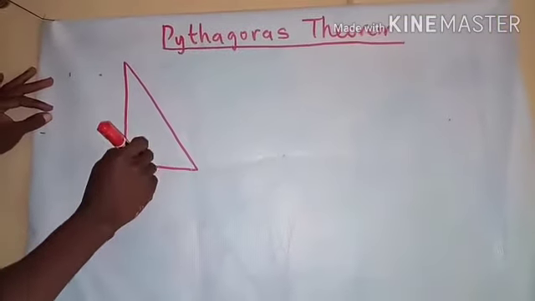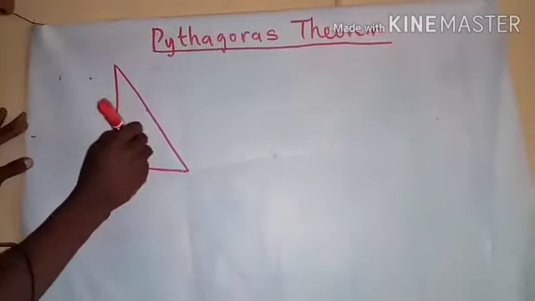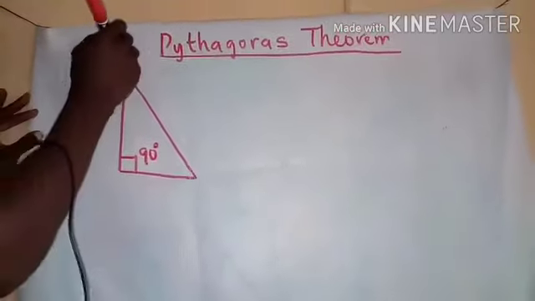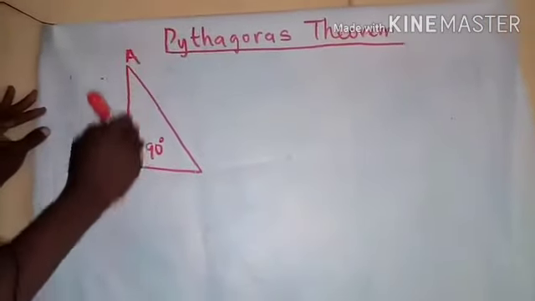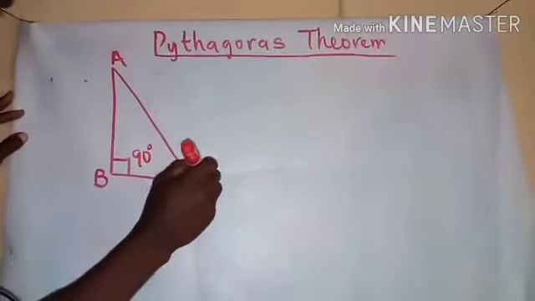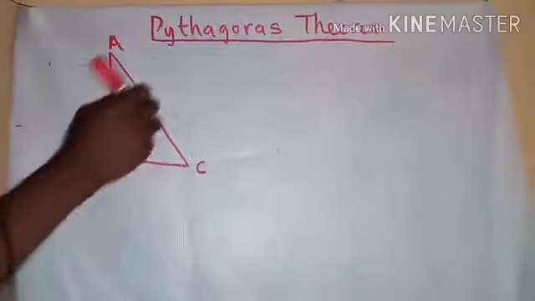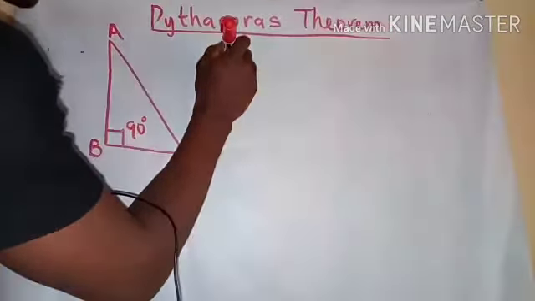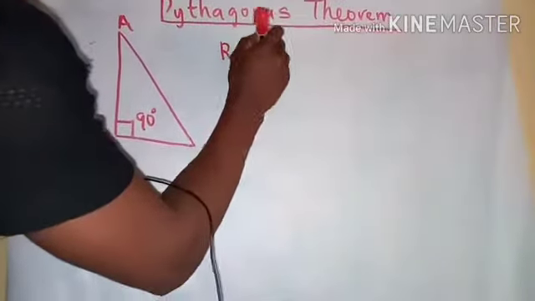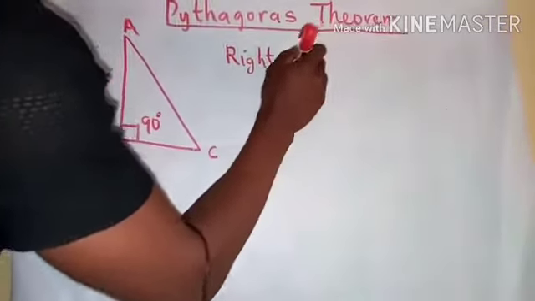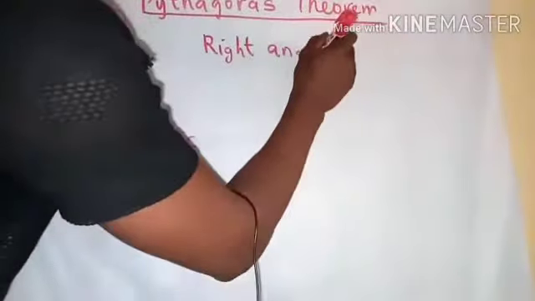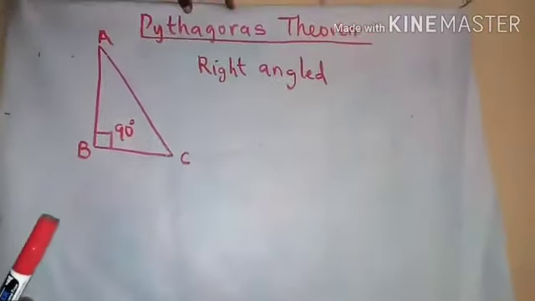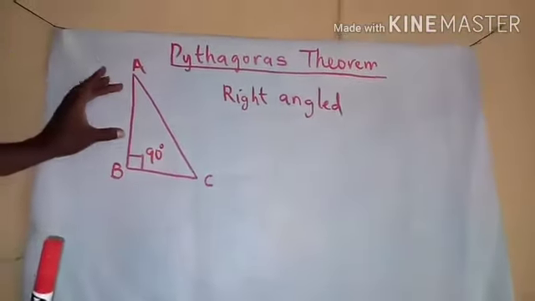I said that a right angle triangle is a triangle in which one angle must be 90 degrees, not more, not less. So now we have triangle ABC, which is a right angled triangle. We're going to define Pythagoras theorem using this triangle.